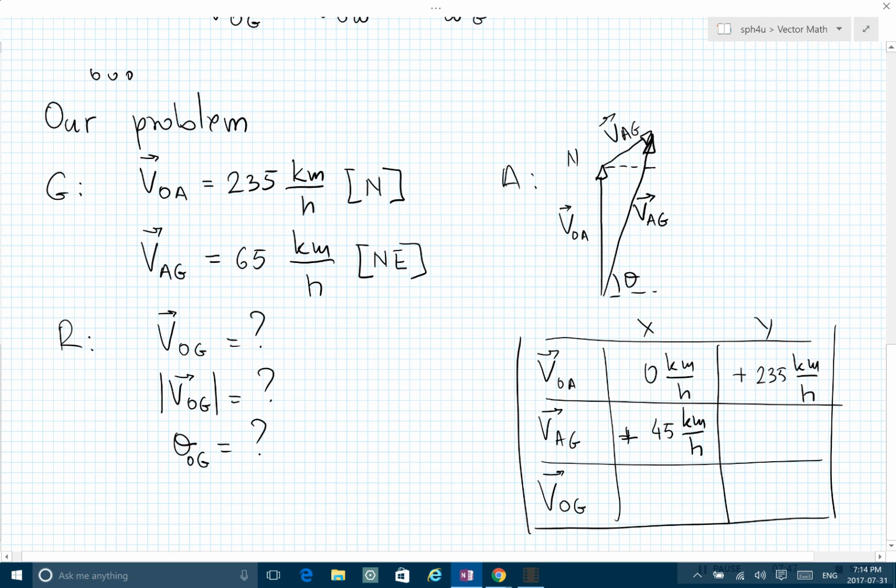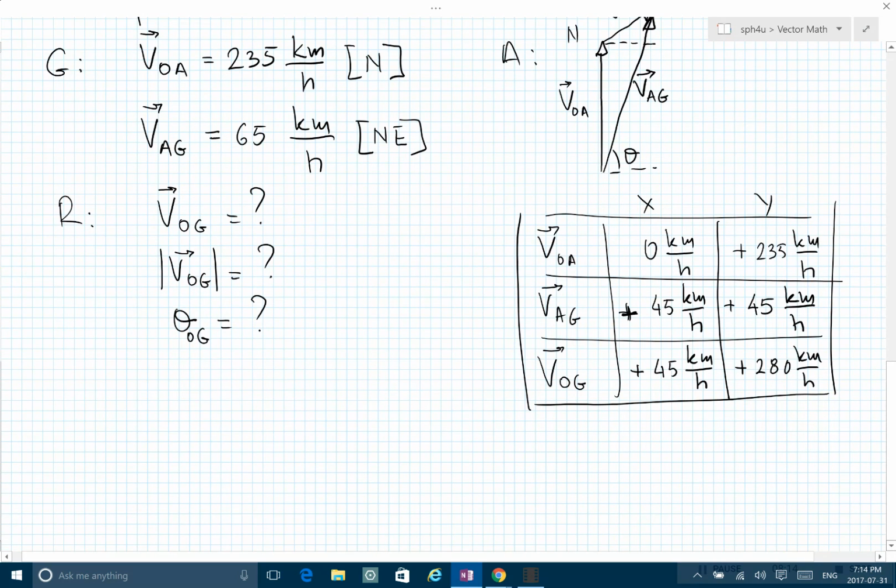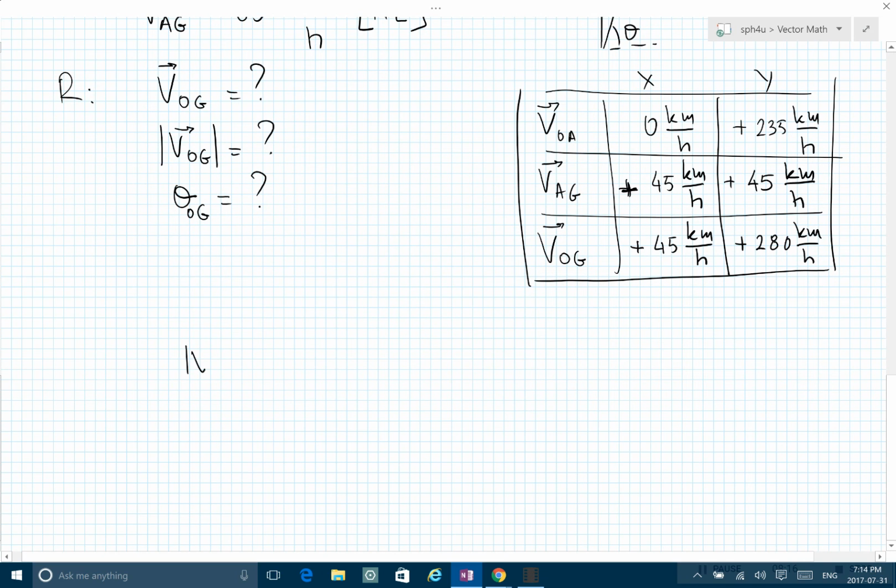I'm not worried about the significant digits too much now, it's just learning how to solve these problems. The same with the Y component, and we add them up. So the X component of VOG, the velocity of the object with respect to the ground, is 45 kilometers per hour, and the Y component is 280 kilometers per hour.